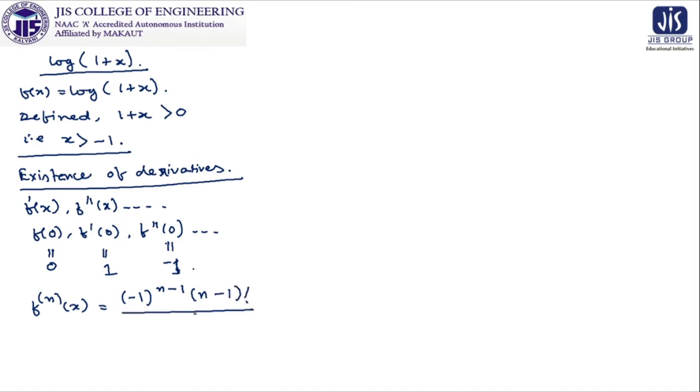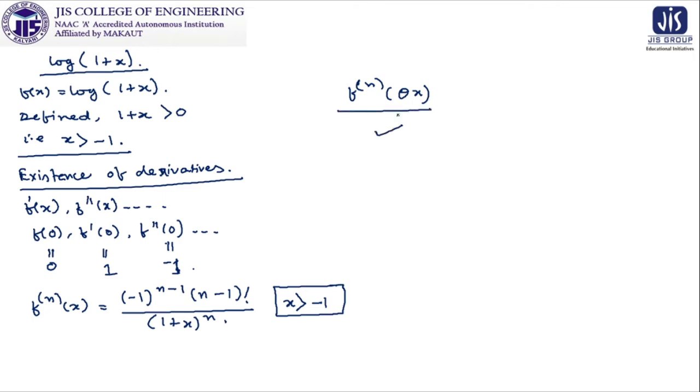It is minus 1 whole to the power n minus 1, n minus 1 whole factorial by 1 plus x whole to the power n, and obviously our main condition or restriction is x greater than minus 1. From these we can find out f^n(x), f^n(theta x), because we ultimately need f^n(theta x) for using it in the remainder forms.